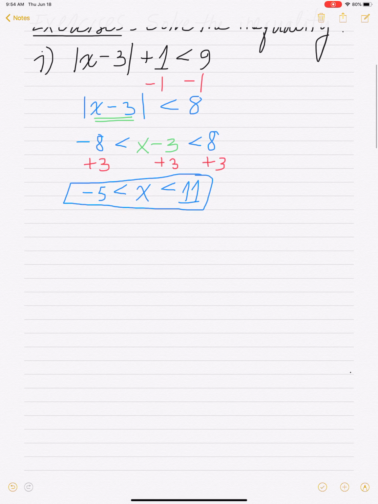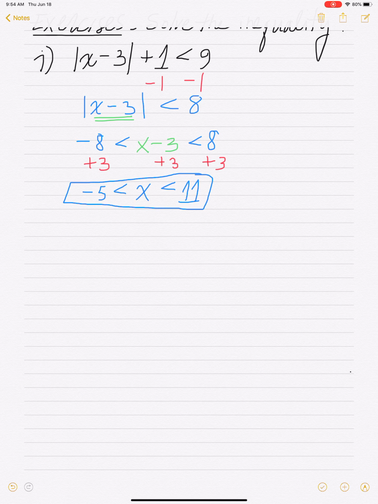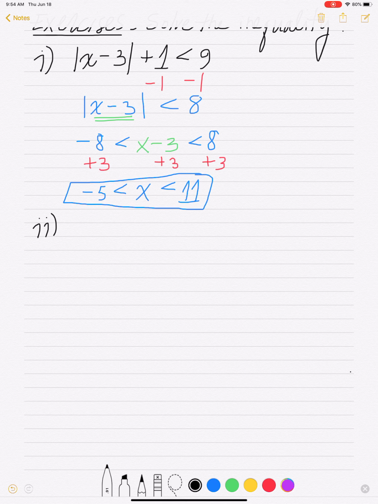All right, so number 2. Here we have, what do we have? 2 times the absolute value of x plus 2, plus 3, less than or equal to 23.